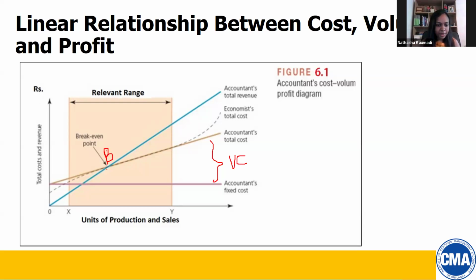So, how can we identify this quantity? If I mention this as Z, how do you interpret Z? Z is a sales quantity, isn't it?